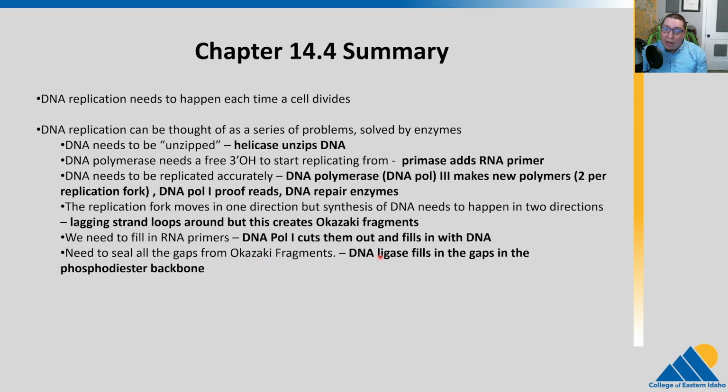That's where DNA ligase comes in, and it fills in those gaps in the phosphodiester backbone. All right, that's how DNA is replicated. Super useful because when we go to do DNA replication in a test tube, we're going to need to understand those processes there. All right, in the next section, we will talk about how eukaryotes replicate their DNA. There's a few differences there.